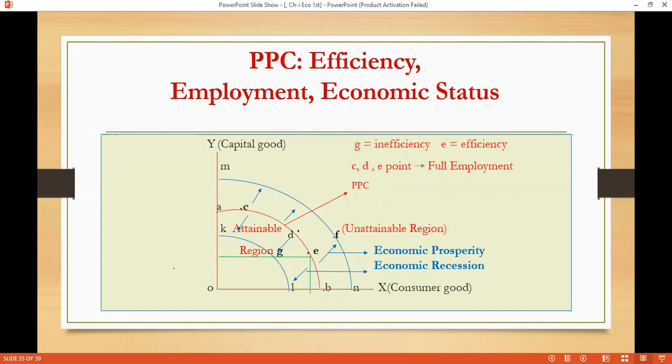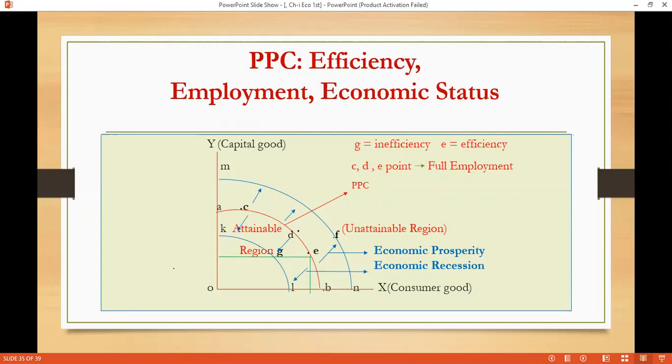And here is another point, that is the F point. F point is outside of the PPC curve. That means the economy or the country cannot reach the F point because they do not have that much resource and technology.